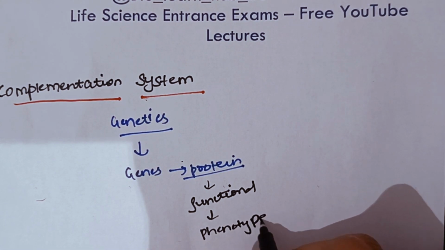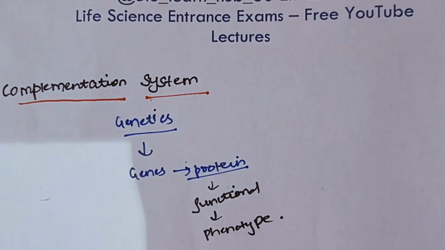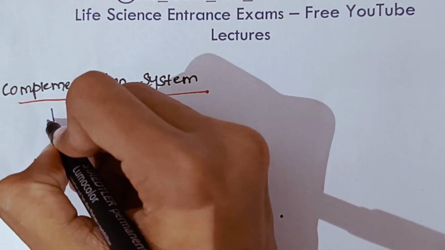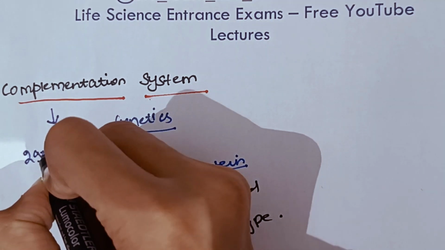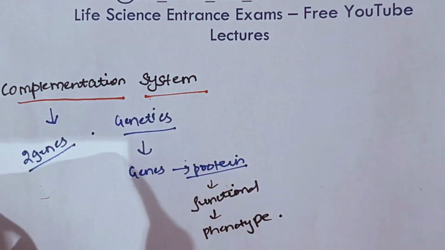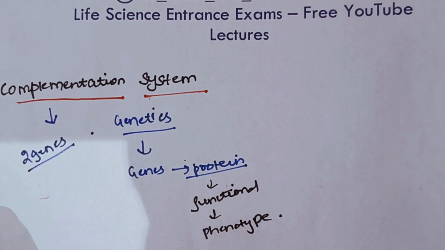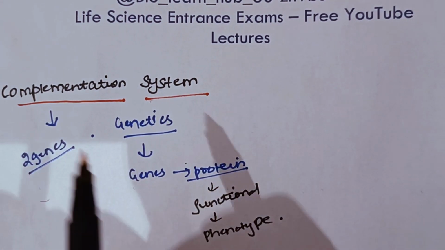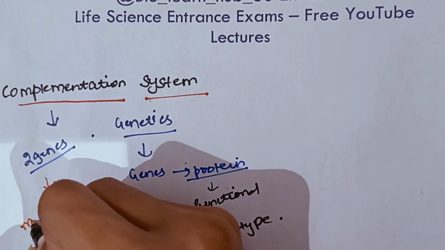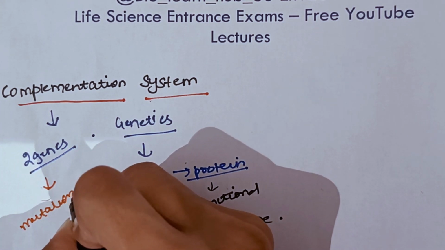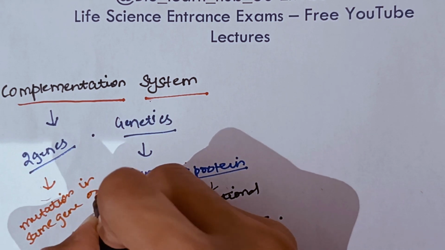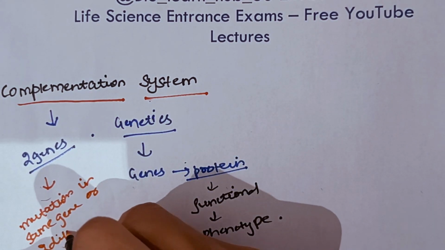So complementation system is used to check if there is one phenotype which is controlled by two genes, and if the genes that control the phenotype have a mutation in the same gene or in two different genes.